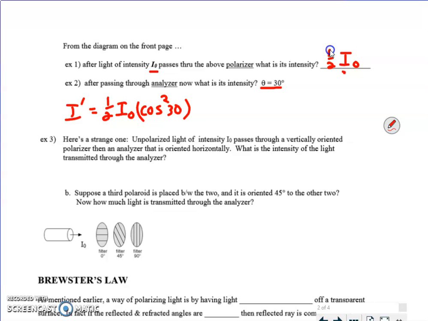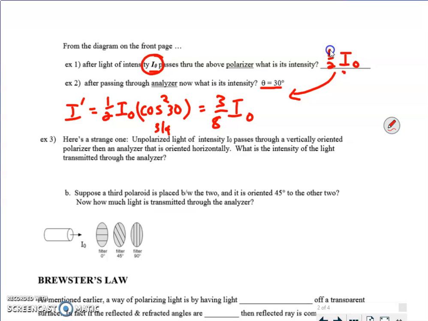So 3/4 of 1/2 is 3/8. We're going to get 3/8 of the original intensity. I'm sorry, that's the original intensity that came in right here, my bad. So we have 1/2 here, and then we lose another 1/4 of it.